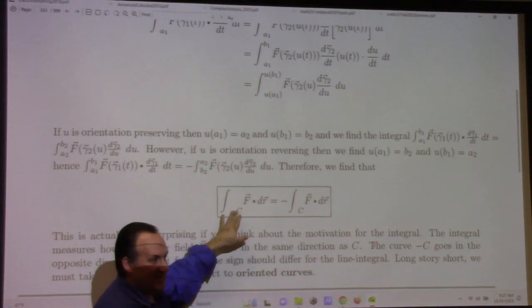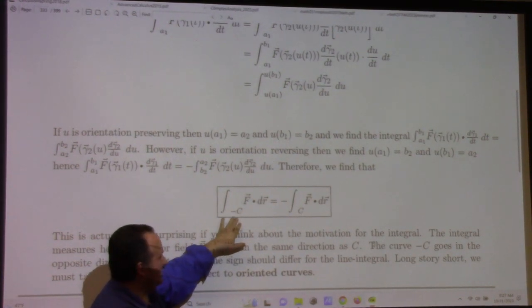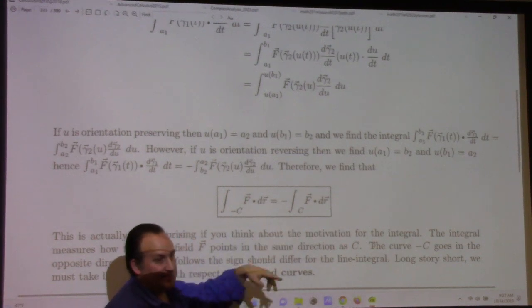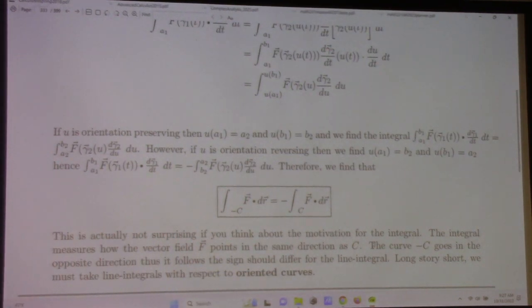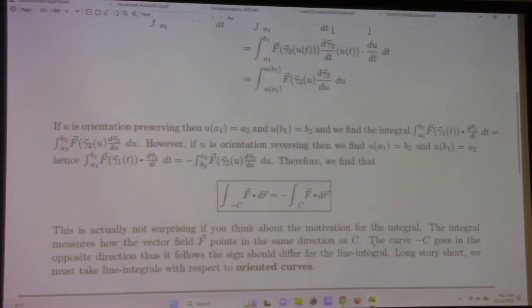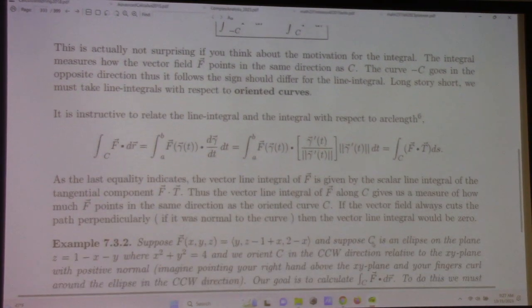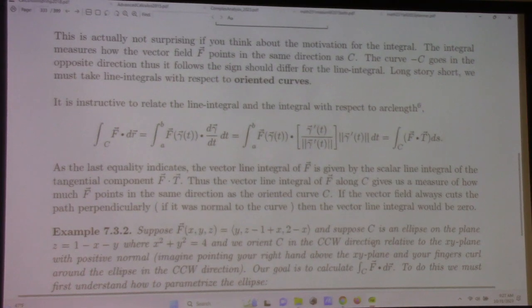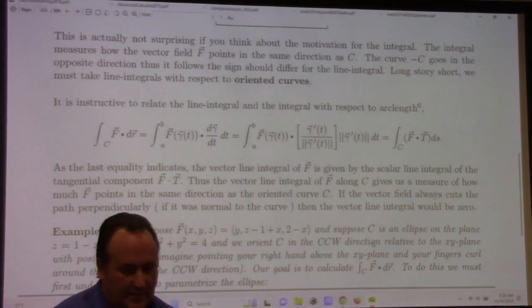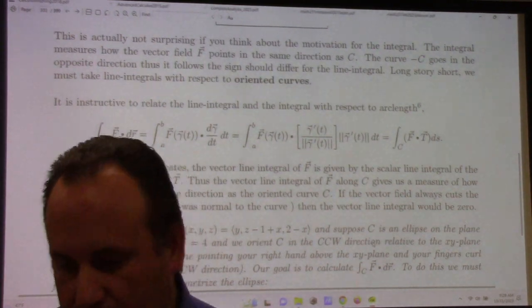So the notation plays nicely together, the reversal minus, and this is just a literal minus. So anyway, I thought I should mention that to you. And here's the calculation we did earlier. So that's pretty much it for today. Tomorrow we'll talk about conservative vector fields and what that means and how to calculate it.